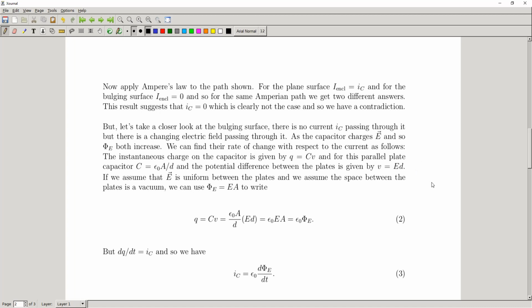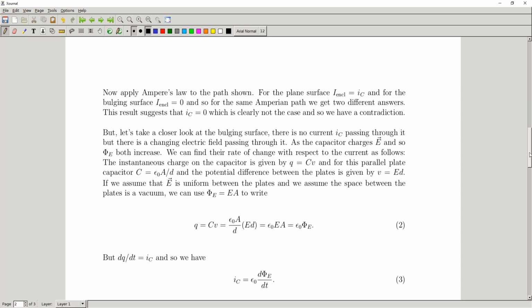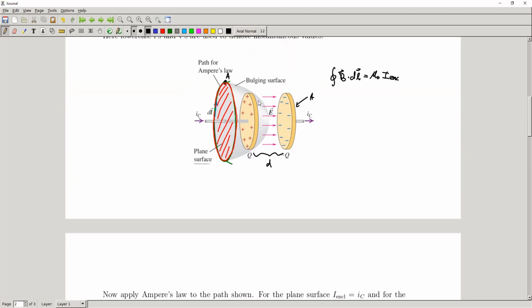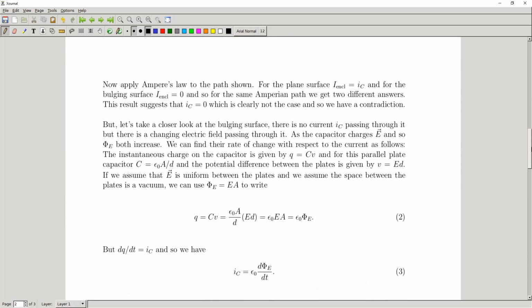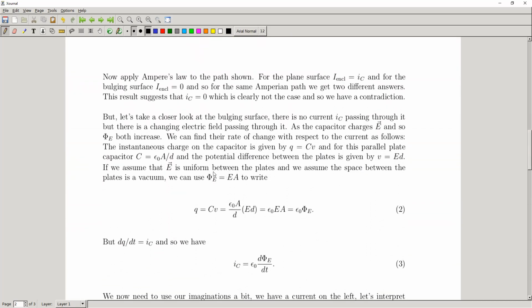And if we take these three expressions, and use the fact that the electric field is uniform between our parallel plate conductor, which it very nearly is, and then finally use the fact that we can write EA, the magnitude of our electric field times the area of our capacitor plate, as our electric flux, well, then we can come up with an interesting expression here.